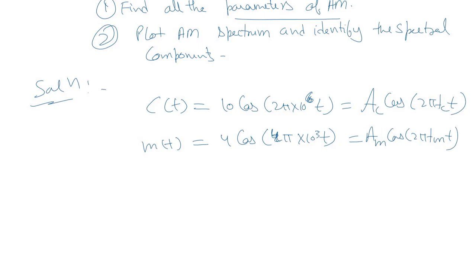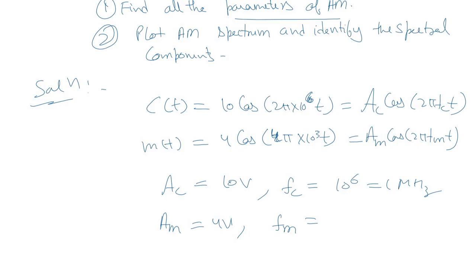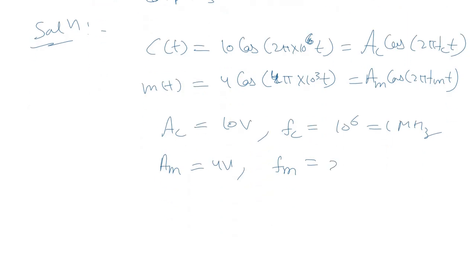So with this comparison we can easily find the amplitude of the carrier is 10 volts and the carrier frequency is 10 to the power 6, or you can say 1 megahertz, and similarly the amplitude of the modulating signal is 4 volts and the message signal frequency is 2 into 10 to the power 3, that is 2 kilohertz, isn't it? So it's a single tone modulation.